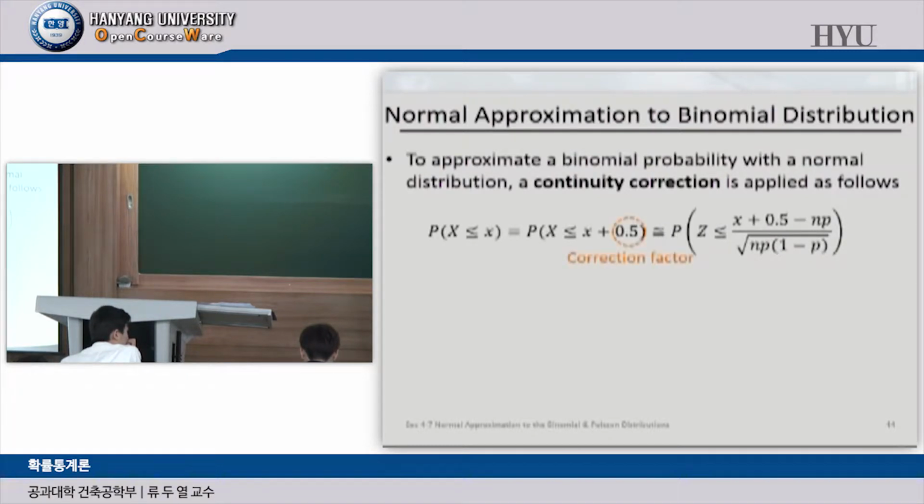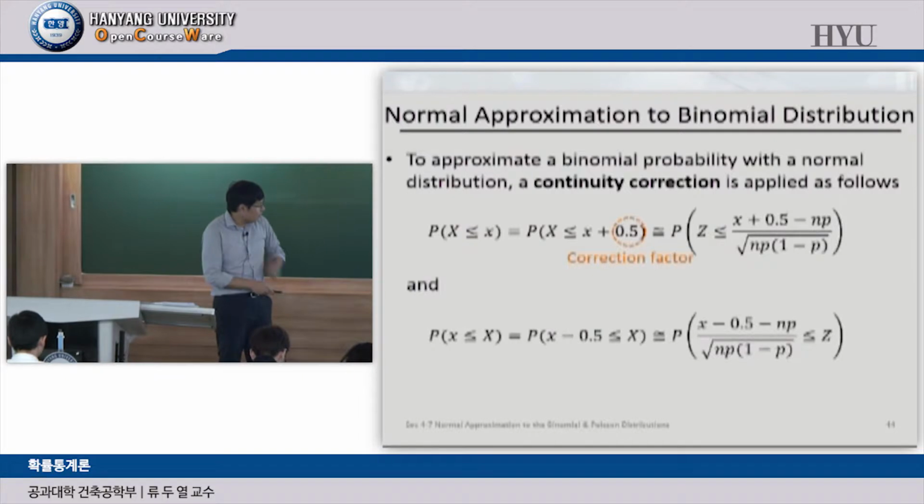In this case, 0.5 is the correction factor. I'm going to explain why we have to provide the correction factor in the next slide. This probability can be transformed to the probability of Z, where Z is the standard normal random variable, that is, x plus 0.5 minus np over root np(1 minus p).